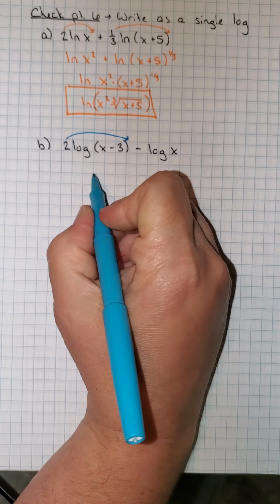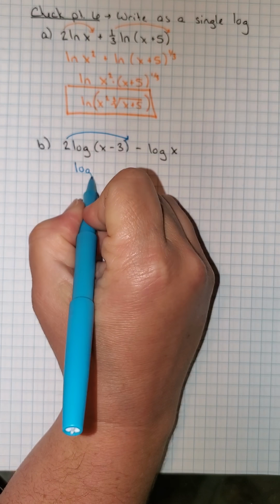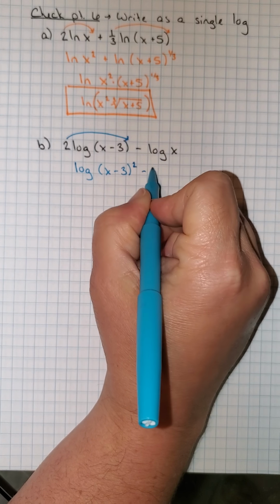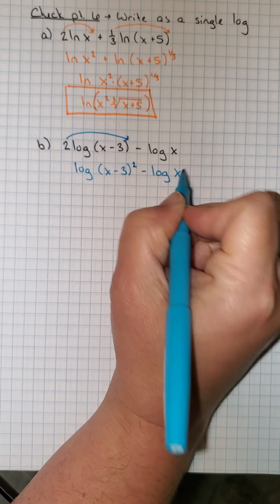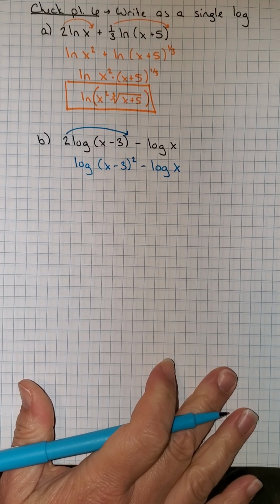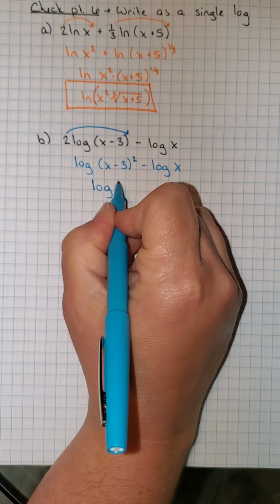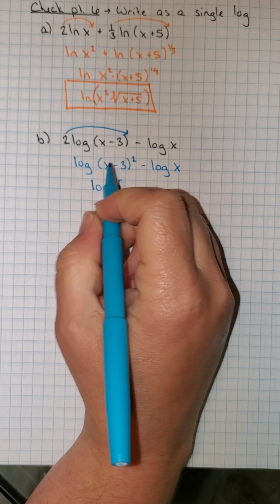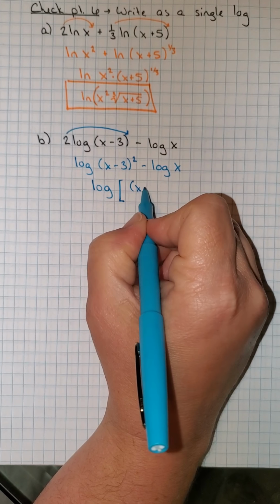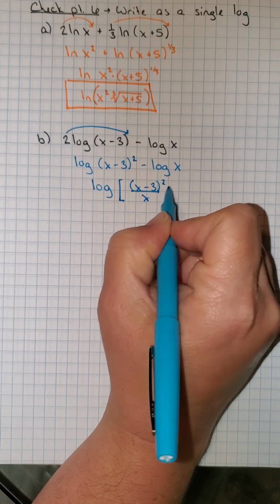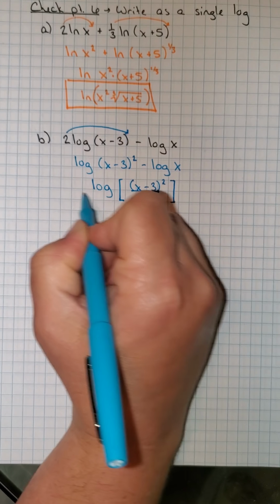This number can go up to the power, so we have the log of x minus 3 squared minus the log of x. So 2 logs with a minus, that becomes division. I'm going to put a bracket around it just to show that it's all together. So x minus 3 squared, and it really shows that when I divide by x, it's definitely not under that log.